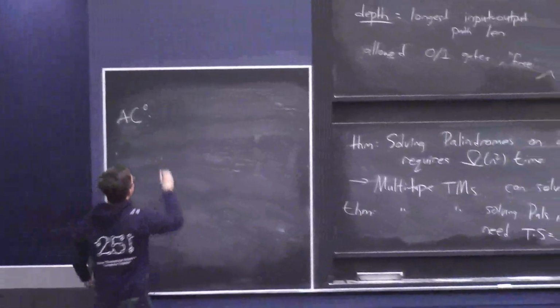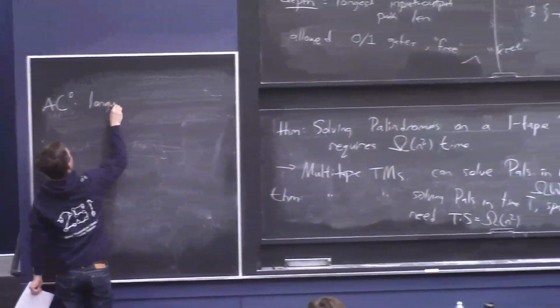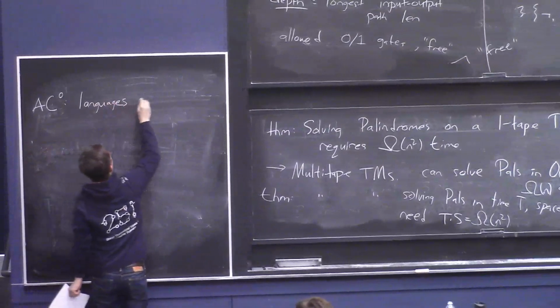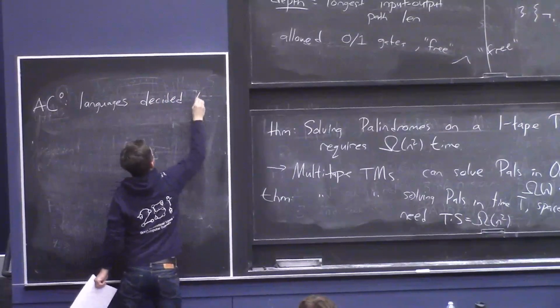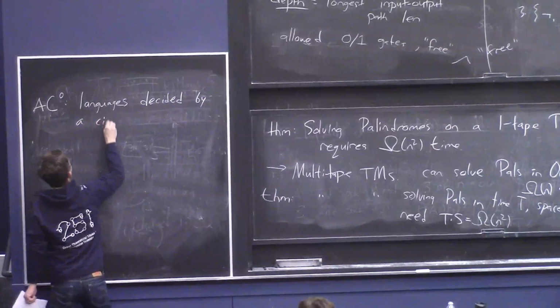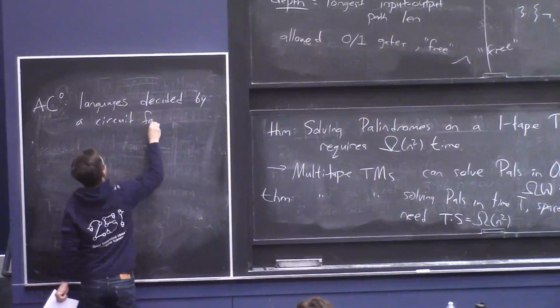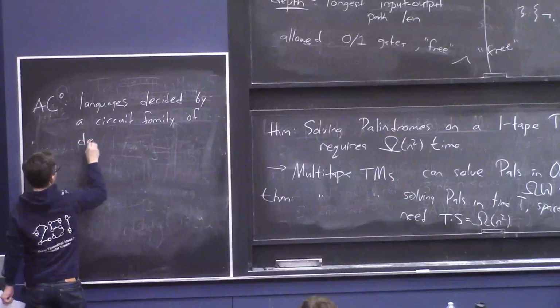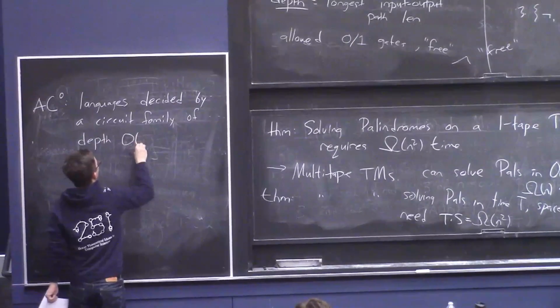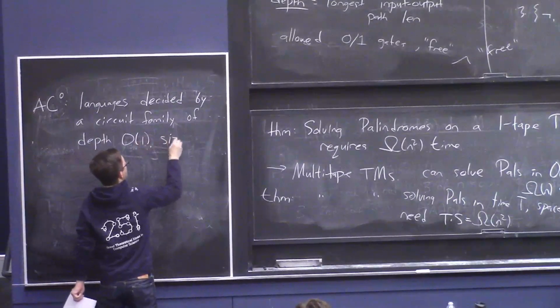And this is all the languages or algorithmic decision problems decidable by a circuit family of constant depth, order 1, and size poly n.